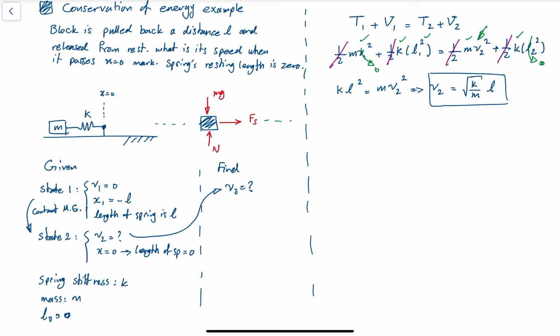The units. So whenever in doubt, do the units. Looks good. So k is Newton per meter, square root times meter. And Newton is force equals mass times acceleration. Oh, not meter, kilogram meter per second squared. So kilograms cancel out.